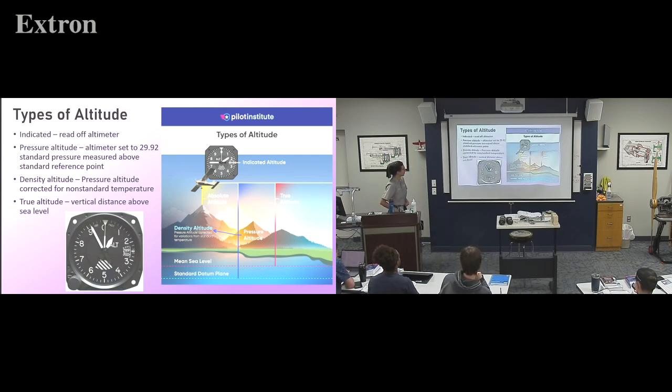First of all, we have a nice altimeter here that tells us our altitude. If you are asked what indicated altitude is, all it means is what your instrument indicates. So whatever you read off of your altimeter is indicated altitude.